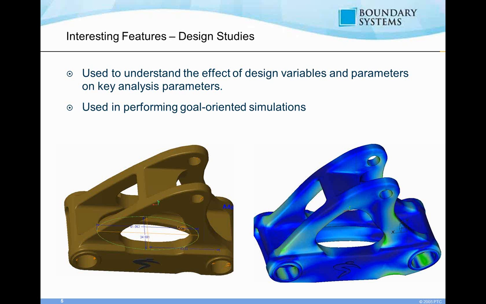So not only can I figure out, okay, if I change the radius of this fillet here, how does that affect my mass, you can also have Simulate run based on a specific target. In other words, get me the lowest mass part that meets a particular stress criteria. In that case, instead of you sitting at the computer setting up the analyses, Simulate will automatically change the design variables and then run the analysis by itself, and keep on doing that until it hits that goal.